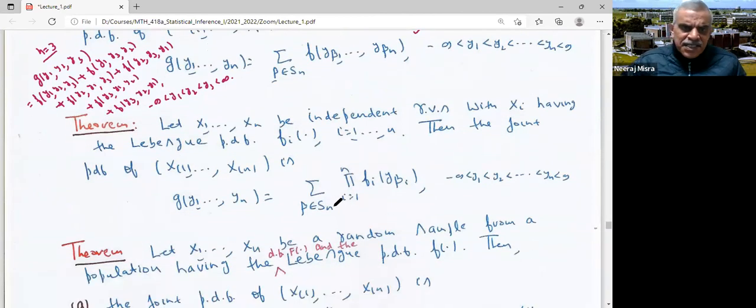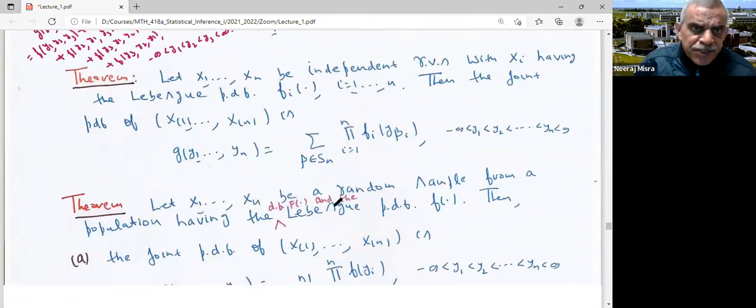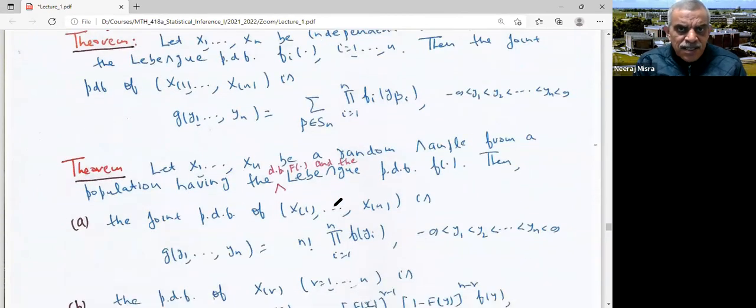Now the next result is a further particular case of the above result. Now suppose you have a random sample. That means the random variables X1, X2, ..., Xn are not only independent, but they all have the same PDF, and suppose that PDF is f, and the common distribution function is capital F. Since this is a random sample, they are IID.